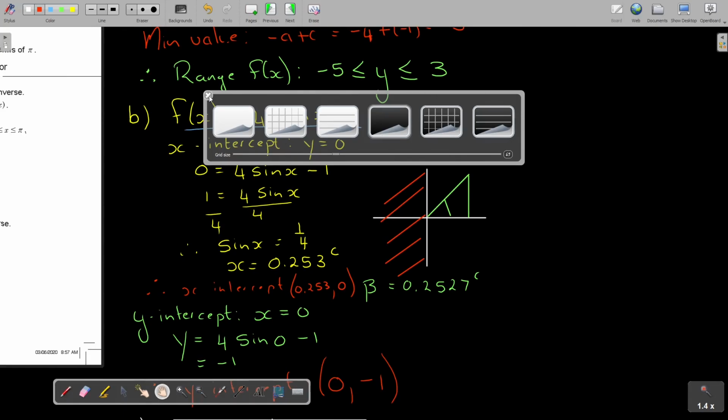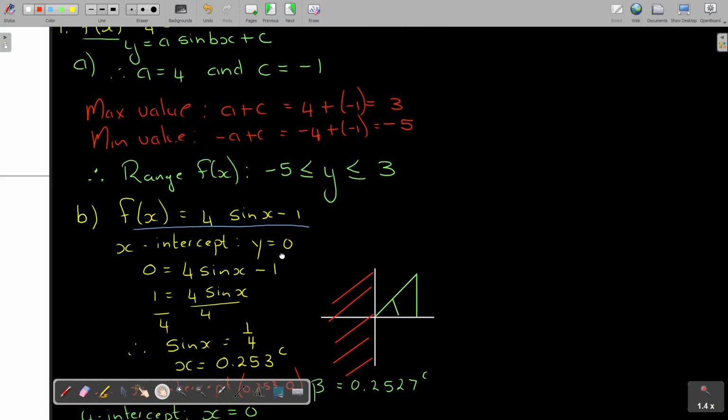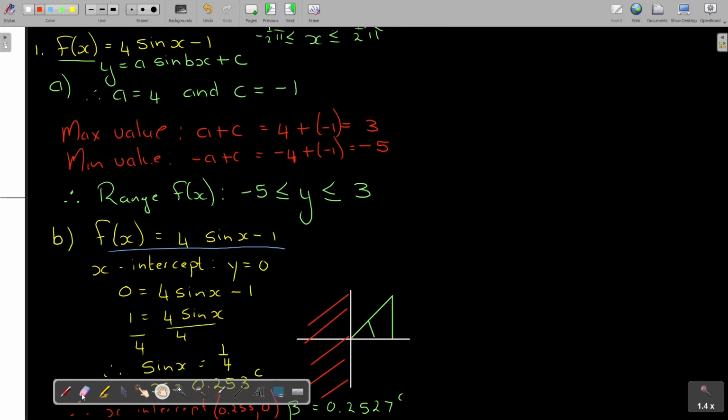I don't want you to do it next to each other in exams, but for my sake, because I don't want to clean, it's still part of one question. So I'm just going to do it here. And that will be the last one, D, the inverse. Okay, so start first with the function.